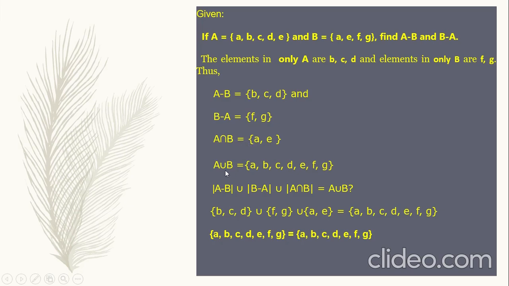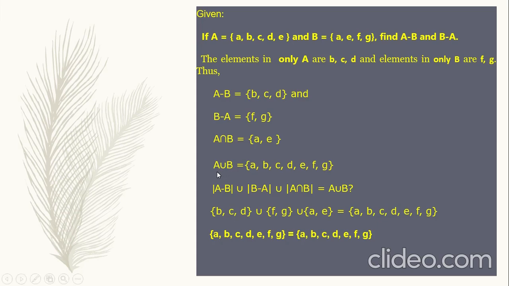Okay, so for the intersection of A and B, we have elements A and E. And getting the union of A and B, you are just going to combine all of the elements of A and B. And if there are elements that are repeated, you are only going to write the element once. Meaning to say, wag mo na uulitin pagsulat. For example, set A and set B both have element A. So, you only write element A once.